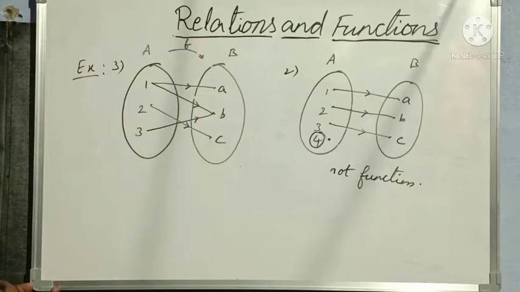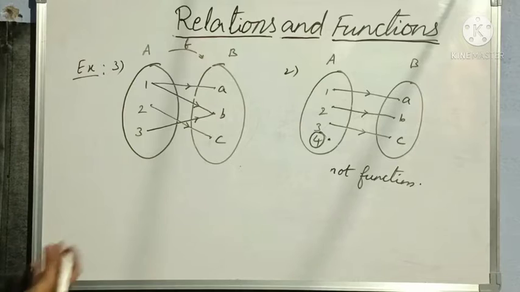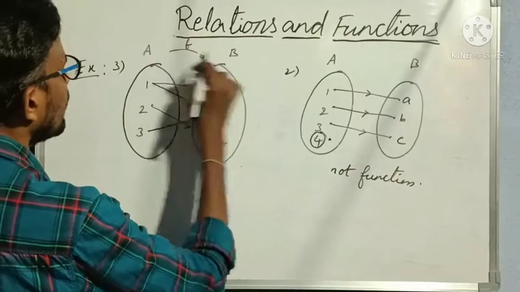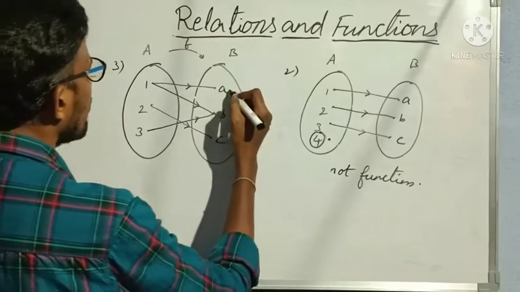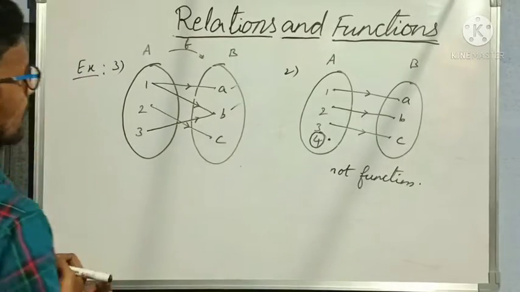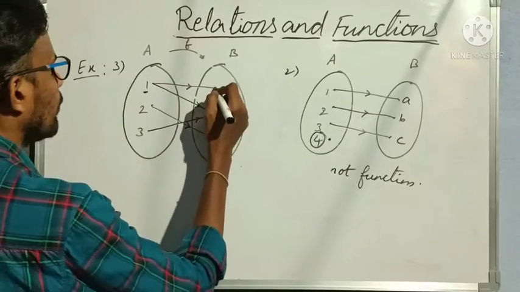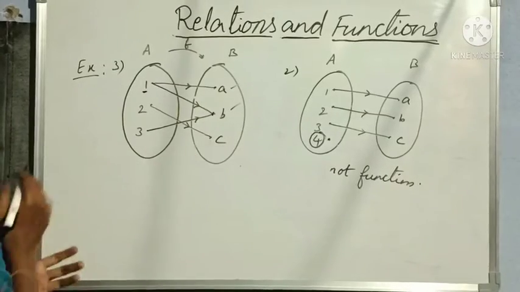Now let us understand this. Is every element of A mapped here? Yes, definitely every element of A is mapped here. But how many images are there for 1 here? A and B. 2 images are there. How many images are there for 3 here? 2 images are there. Every element of A should have only one image in B. That is the definition of our function.